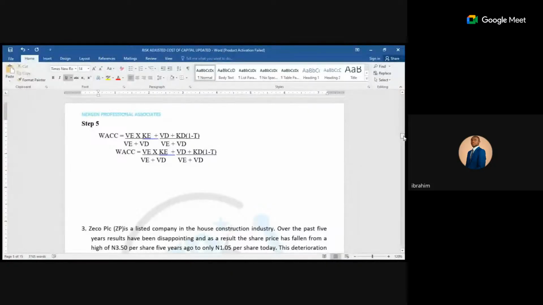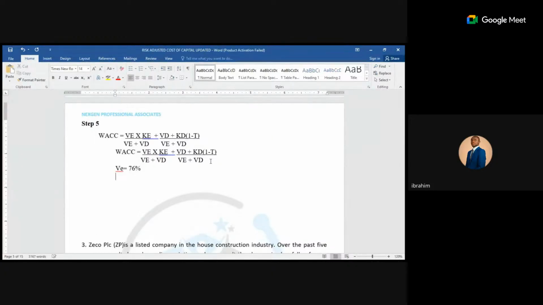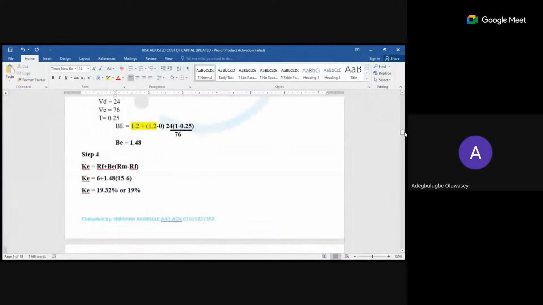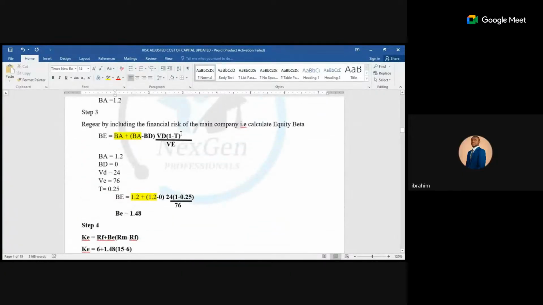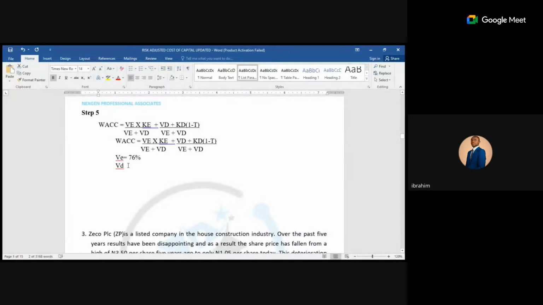What is the value of equity of the main company? Done that before. I think it's 76%. Value of debt is how many percent, class? 24%. Just copy what you have here. You can see value of debt. This is for the main company. It's 24.